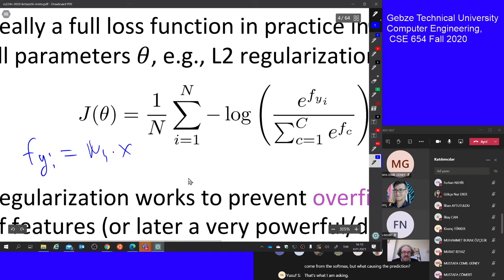It is the probability of our given input being in that class, I think. That's what softmax calculates: the probability of a given input being in that category or class. But what goes into this softmax? What is f_y?